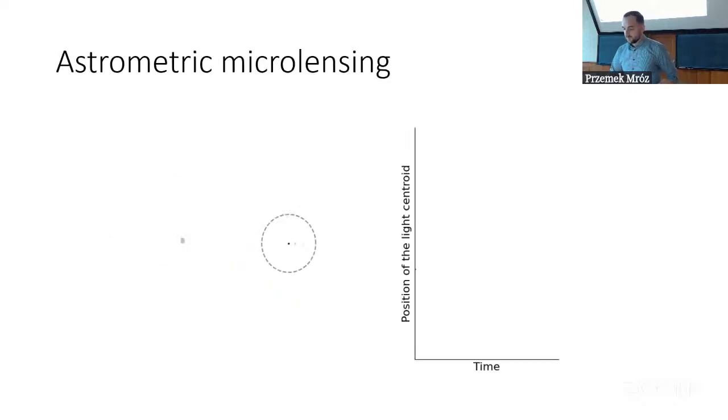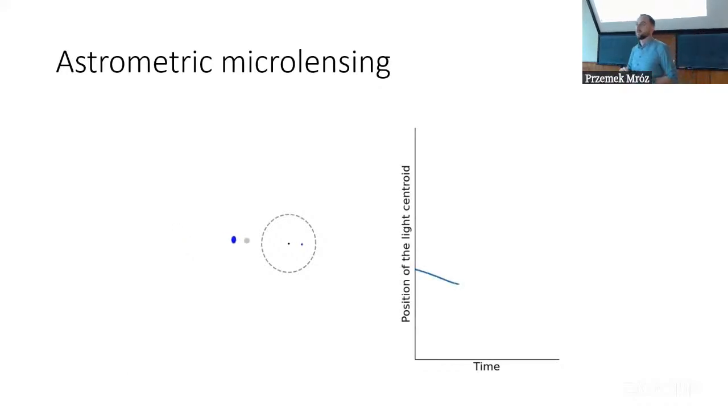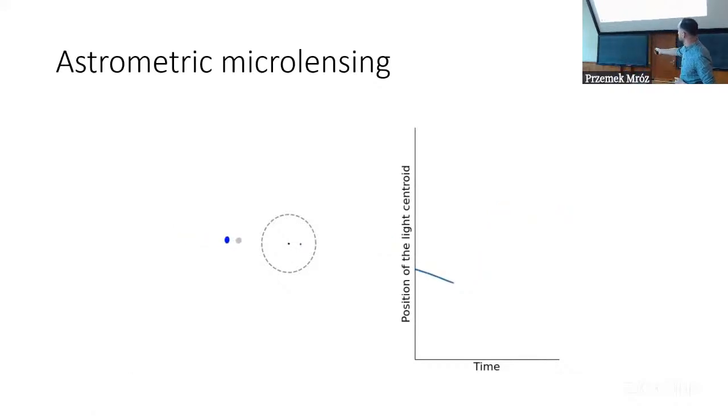And I'm going to talk about that too. So astrometry: as I mentioned, during microlensing events, we observe the change in the brightness of the event, but we also can measure the change in the position of the source star in the sky. So as these two images are formed, the brightness is changing, and so their mean position is also changing.